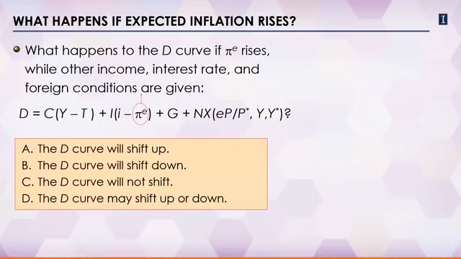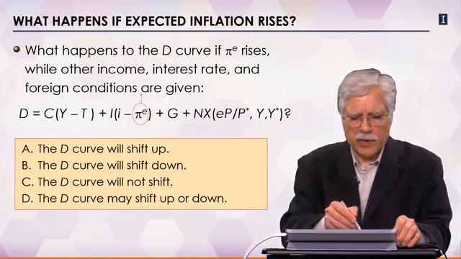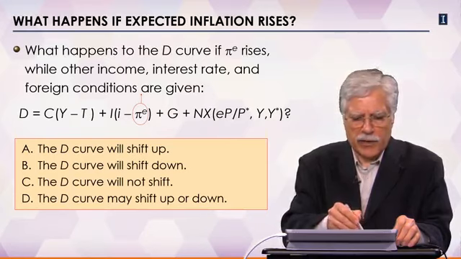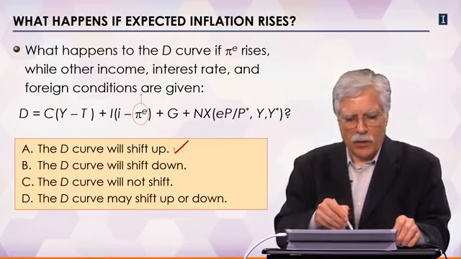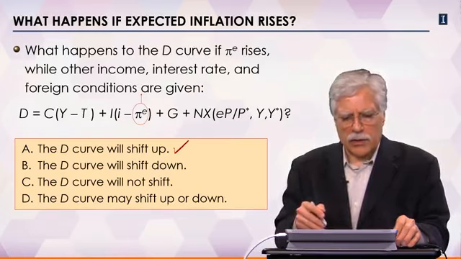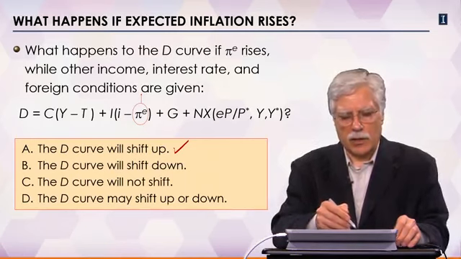Well, if you focus on what happens as a result of the increase in expected inflation and trace the effect, you should be answering A. Why does the D curve shift up as a result of an increase in expected inflation?